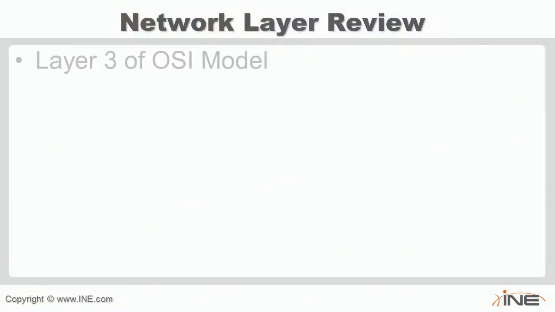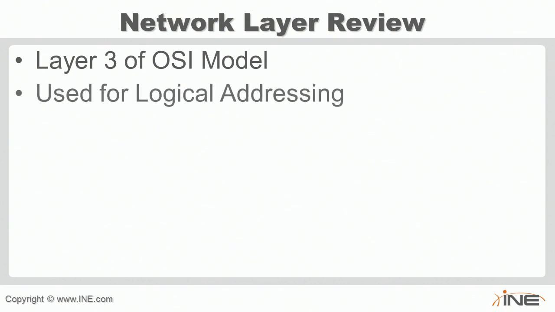So as we talked about before, the network layer of the OSI model, which is layer 3, this is where IP version 4 and IP version 6 are going to work. The main role of layer 3 is going to be for logical addressing, which is like our IP addresses or our IPv6 addresses, whereas we saw with layer 2, the data link layer, that's used for the hardware addresses, like the MAC addresses in Ethernet, and some of the other layer 2 addresses we'll talk about when we get to frame relay and serial interfaces.